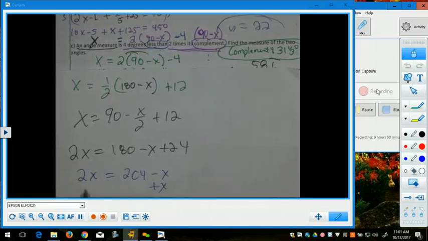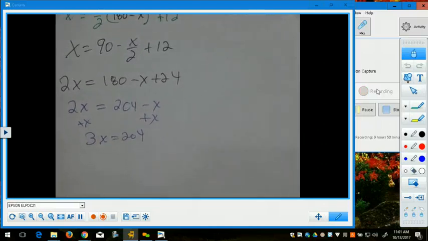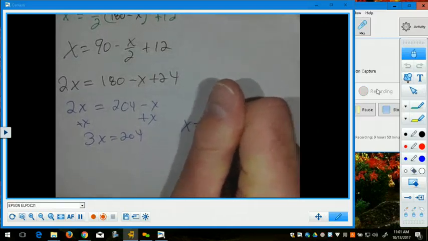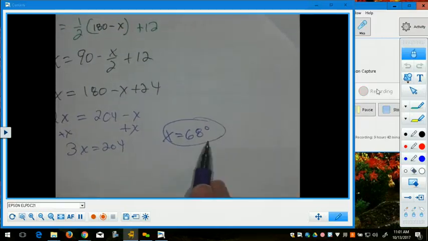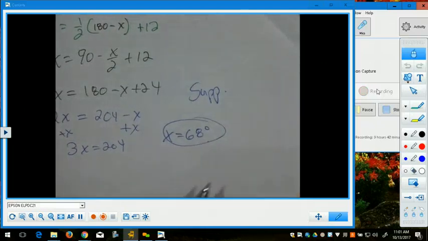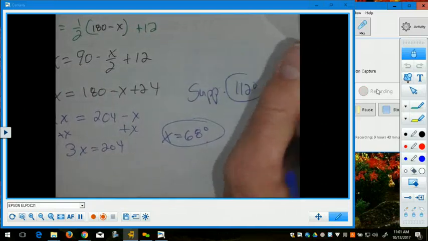And I'm going to add x to both sides. 3x equals 204. 204 divided by 3 gives me an answer of x being 68 degrees. So that is my original angle. Its supplement should be 180 minus 68, which is 112.